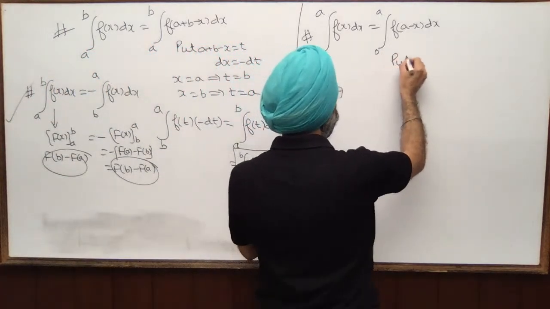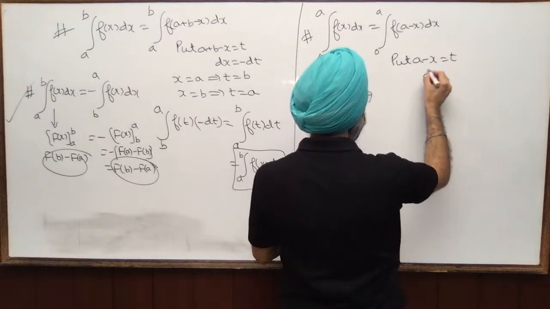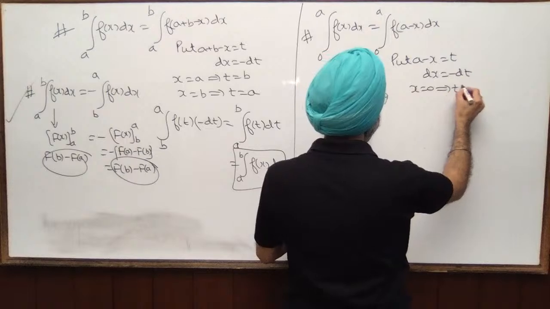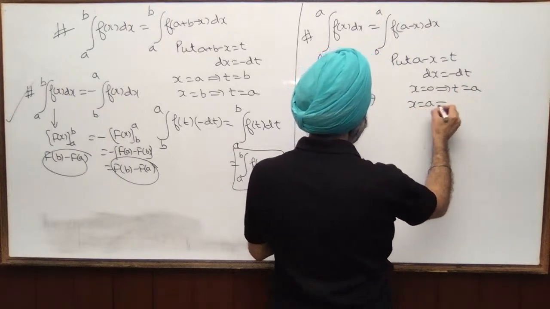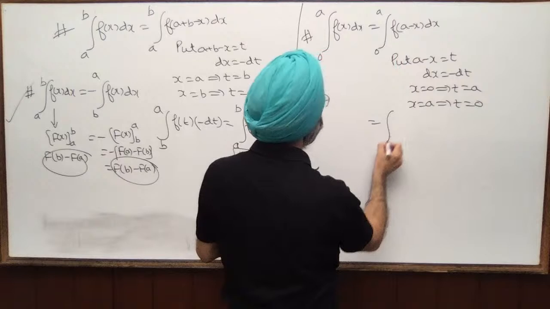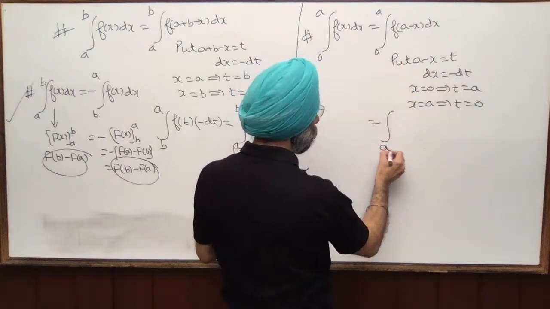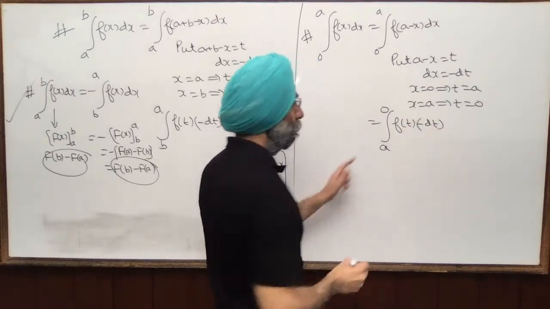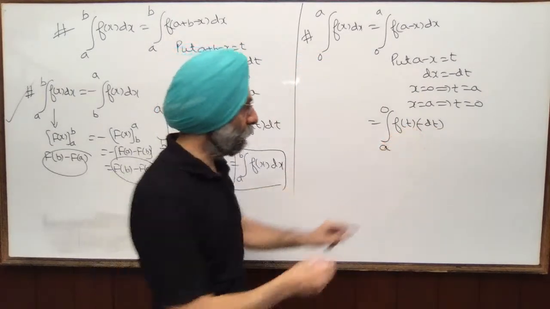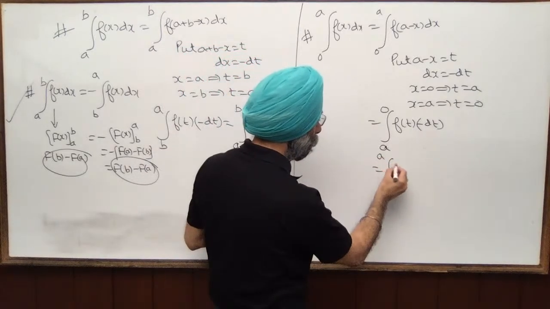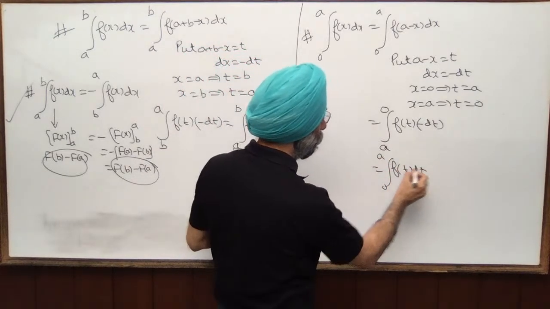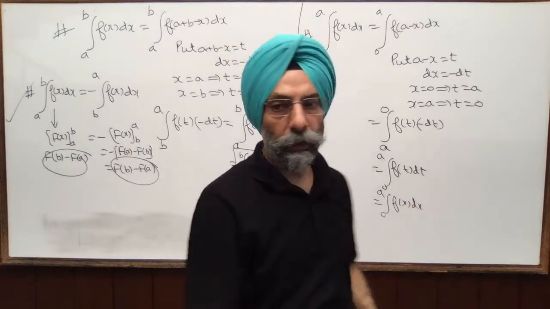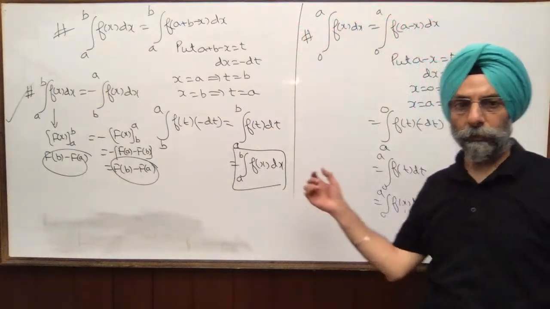So put a minus x is equal to t, dx is equal to minus dt. x is equal to 0 implies t is equal to a, x is equal to a implies t is equal to 0. So it becomes integral a to 0 f of t minus dt. To absorb this negative sign, it is 0 to a f of t dt, which is the same as 0 to a f(x) dx. So note it, son.